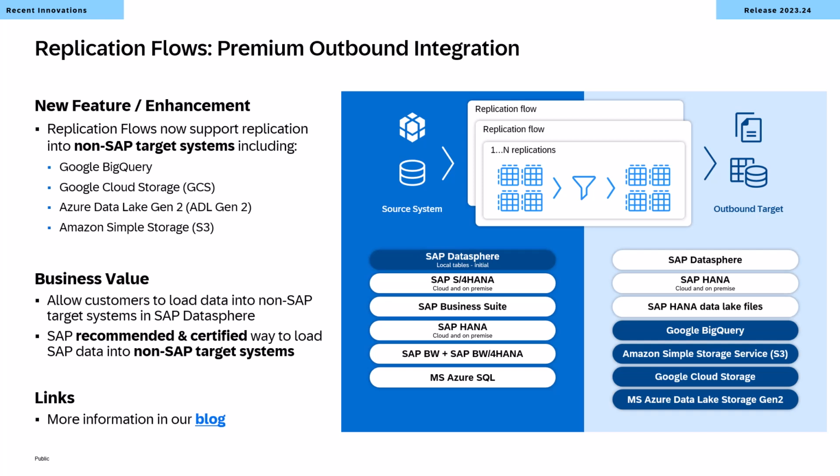And as you see on the right hand side, also depicted in the darker blue color here on the graphic, we added non-SAP target systems, including Google BigQuery, Google Cloud Storage, Azure Data Lake Generation 2, and also Amazon Simple Storage S3.